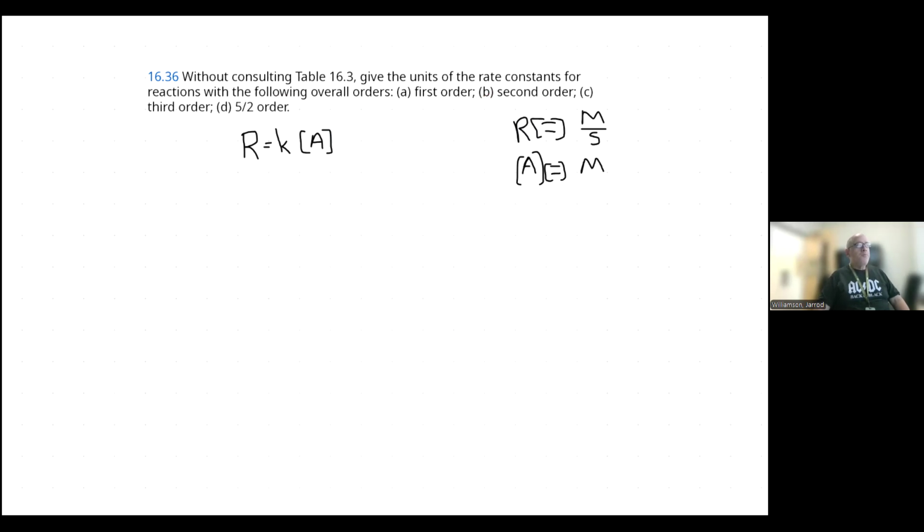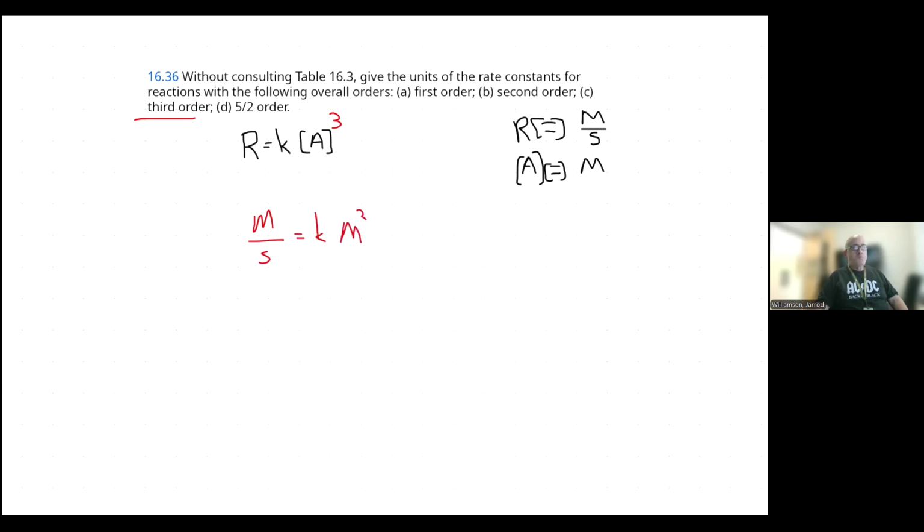Third order, we would just put a 3 here, right? We're going to have molarity per second equals K. And we're going to have molarity cubed.